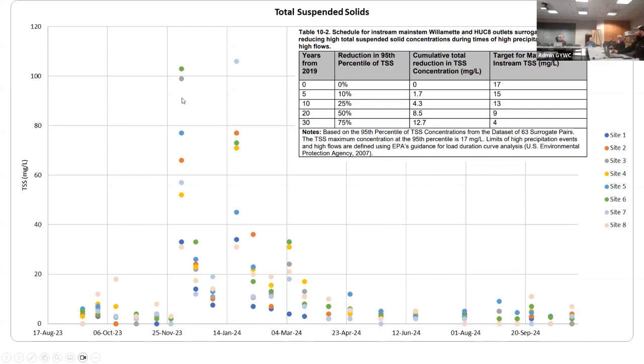I believe so, yeah. And I think I've got another graph where it compares the flows. I want to say the USGS gauge at McMinnville on the Yamhill was around 45 feet at these peak events, but down here it's probably like 15 or 20 feet.